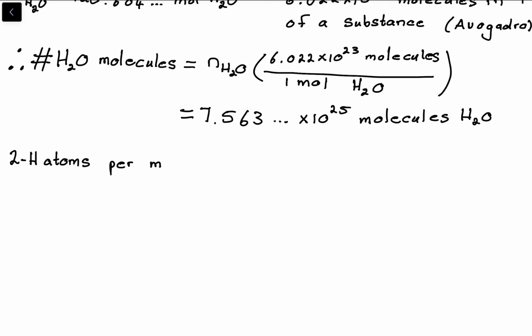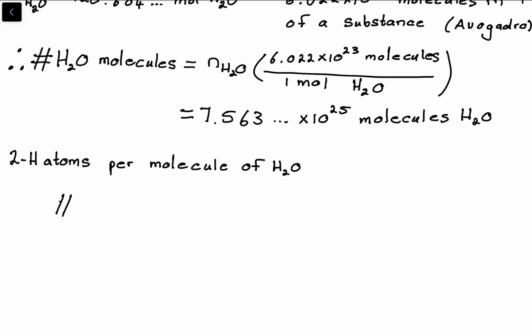per molecule H2O. So again, it's a ratio, so you can say 2 H atoms per molecule of water, and you can use dimensional analysis, but essentially it means that number multiplied by 2.